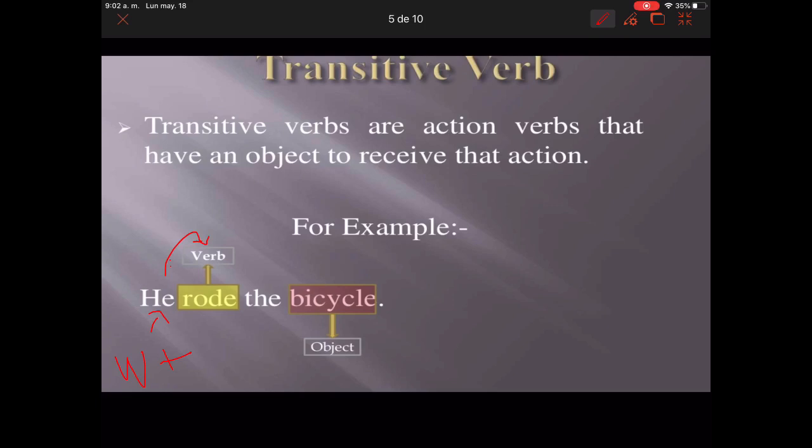So, what he rode? The answer is bicycle. So we have a noun that receives the action of a verb. In this case, it's a transitive verb because we have an object. So if you have the answer for what plus the subject plus the verb, that means that you have a transitive verb.